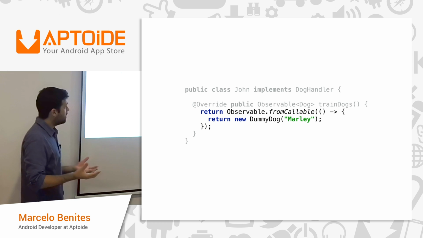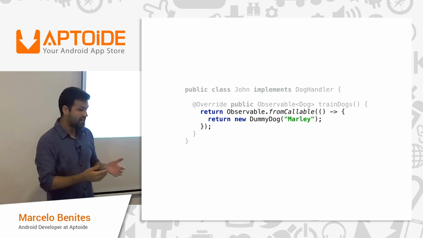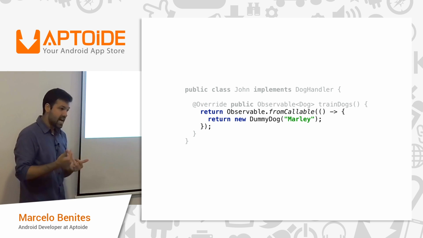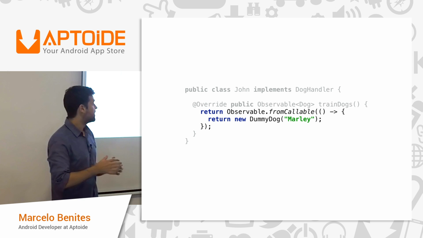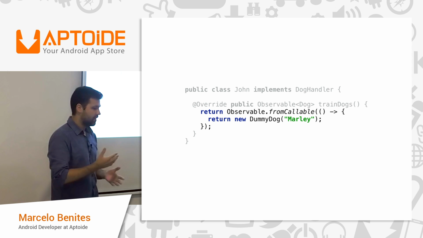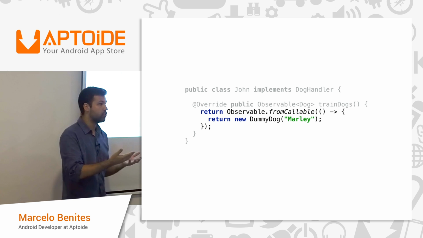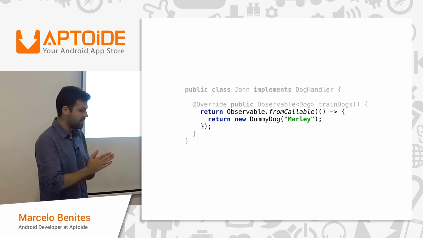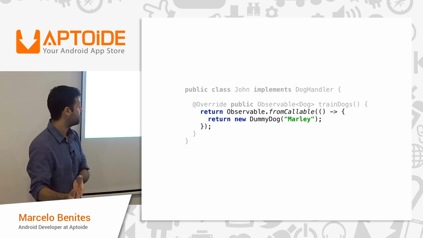So imagine, if this dog is expensive to create, it's better for us if we can defer it to the moment when someone starts to listen to the stream. And we will see why that is afterwards, because who starts to listen can define how this stream is going to behave in certain ways. But it's also important to keep this idea of being declarative, and afterwards performing the side effects, being imperative.